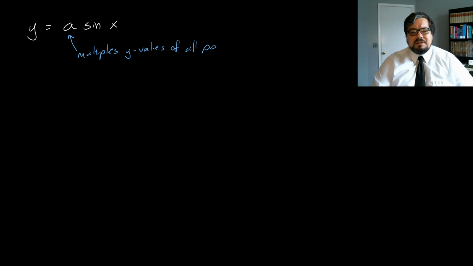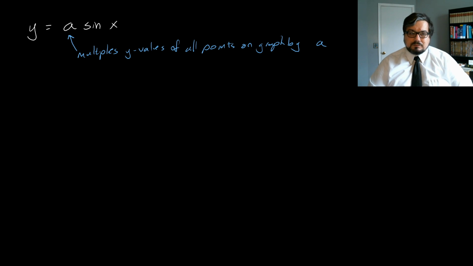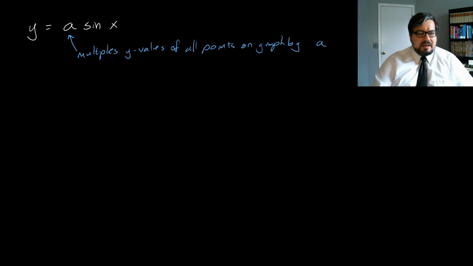Now, you may remember from algebra that when you multiply a function by a number on the outside, this multiplies the y values of all points on the graph by a. So let's see how that looks with a bigger graph here.